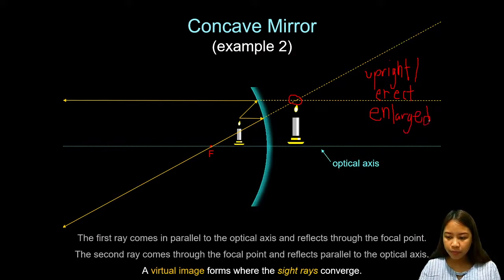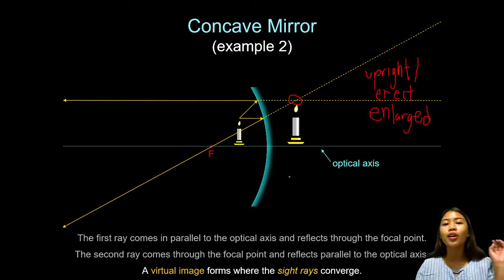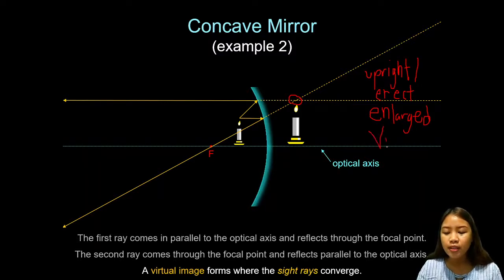Okay. Next, we have here the image which is located on the opposite side of the object. Again, the image is located on the opposite side of the object. Because of that location, and if you can see here, our image is upright, therefore, this is a virtual image.